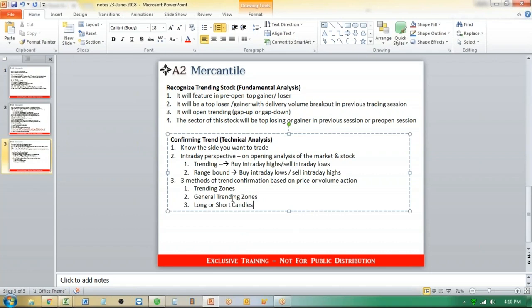Okay, so these are the three methods, okay, which have been taught to you, which you already know, using which you can confirm trends. Okay, one is a trending zone, second is a general trending zone, and third is a long or a short candles. Okay, now the method of doing this is, in case you are working with trending zones, what are they?